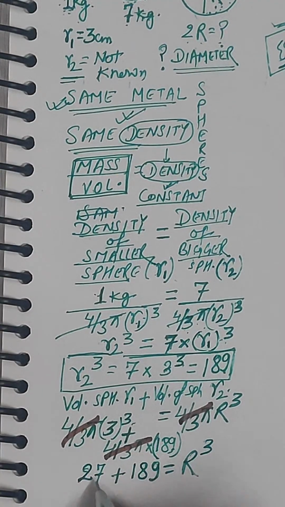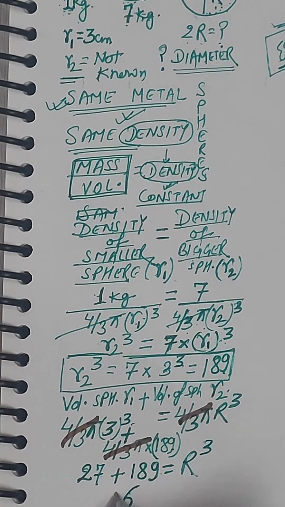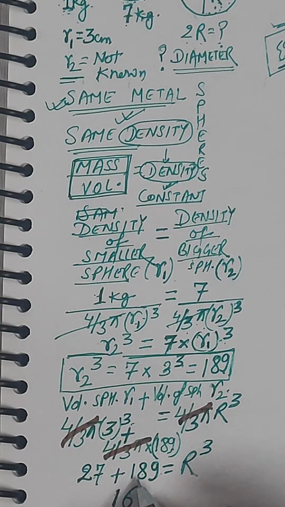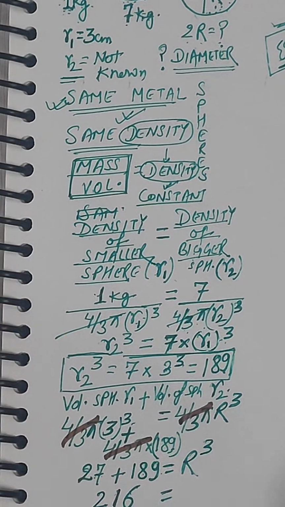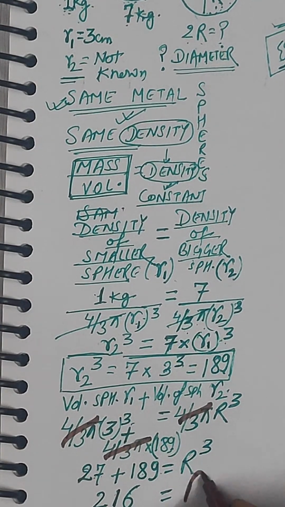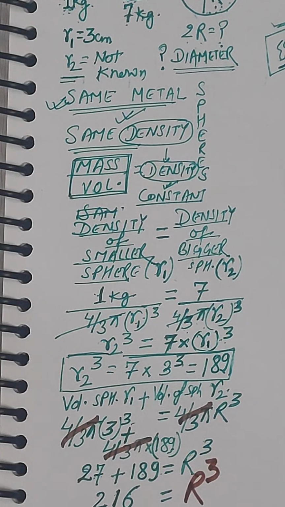Now just add it. 9 plus 7 is 16, carry 1. 8 plus 2 is 10, plus 1 is 11, carry 1, 1 and 1 is 2. So 216 is the value of R³.